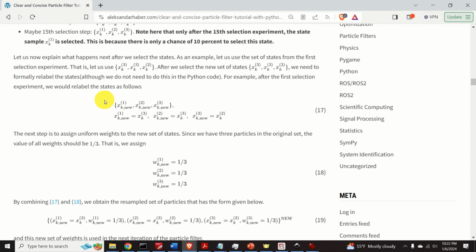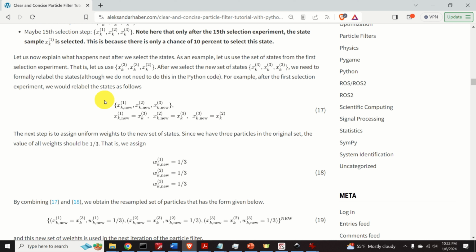The second input argument, n, means that we want to select n numbers from the set 0, 1, 2 until n minus 1. The third input argument, p equals weight values, is the probability of selecting a certain number in this set. That is, this array stores the probabilities of selecting a particular particle. The probability is equal to the array weight values storing the weight values for the particular particle.